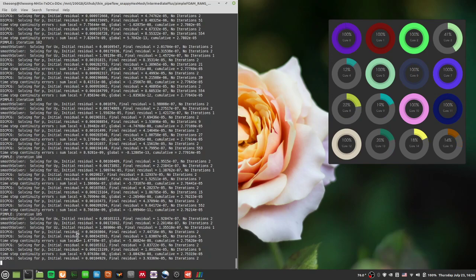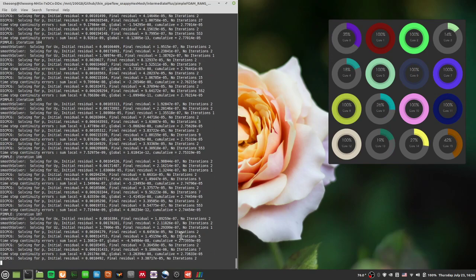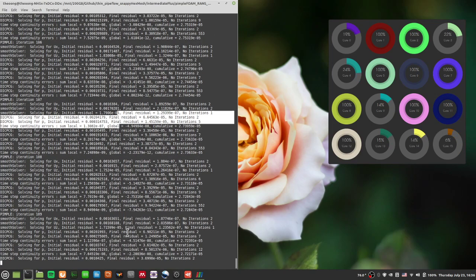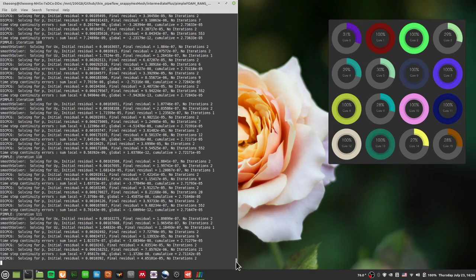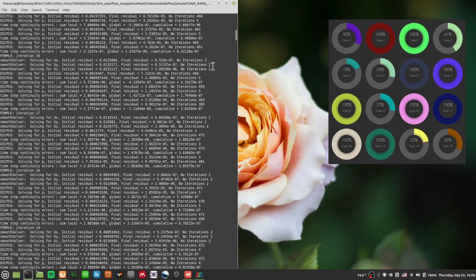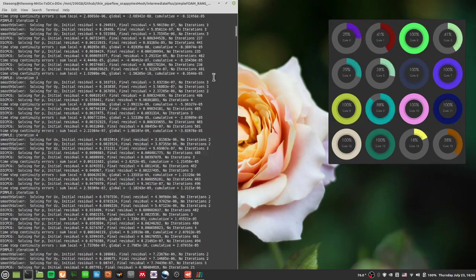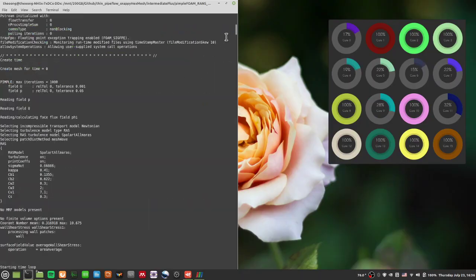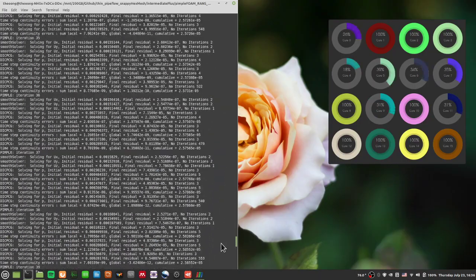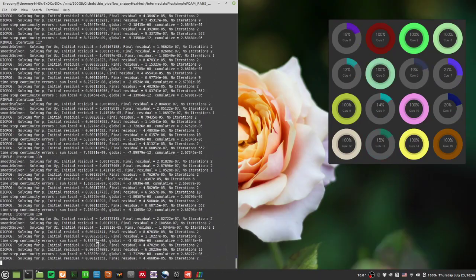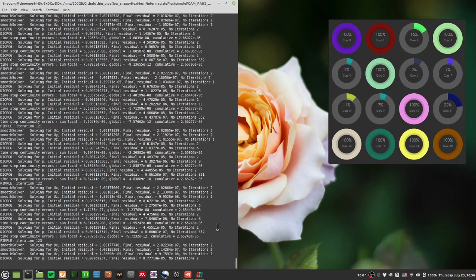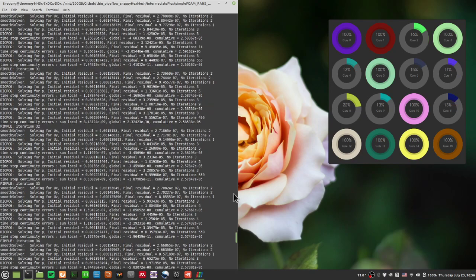Pretty handy. Okay, so we have a situation where it's going into the hundreds of iterations. Let's see. It doesn't seem to be reducing. These two guys seem to be going up and down.